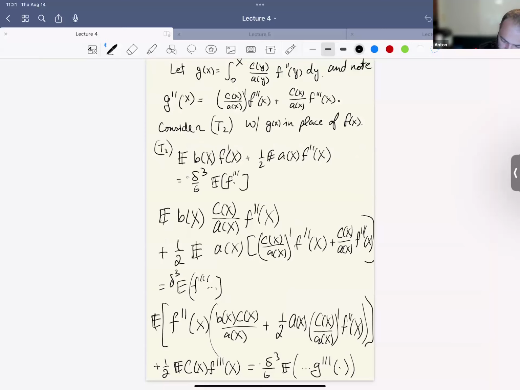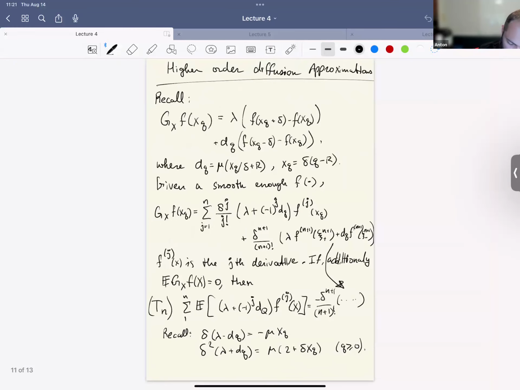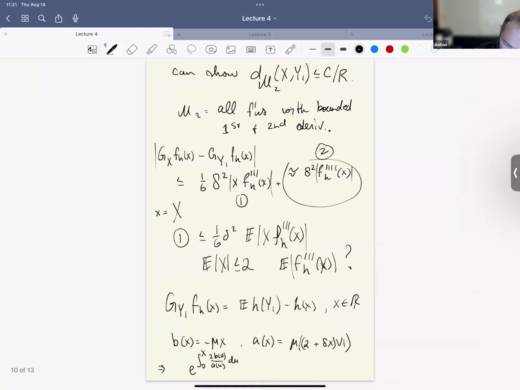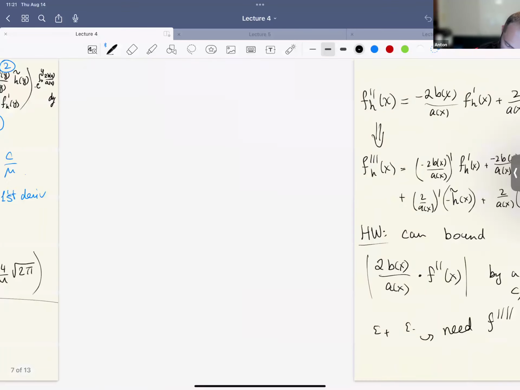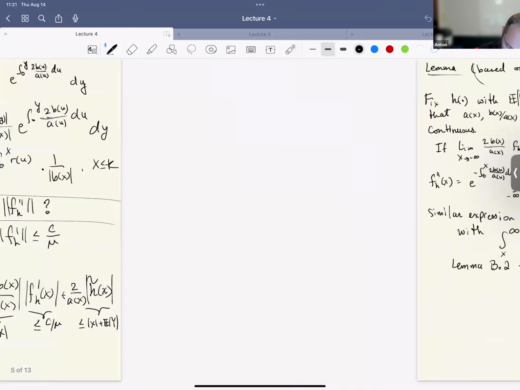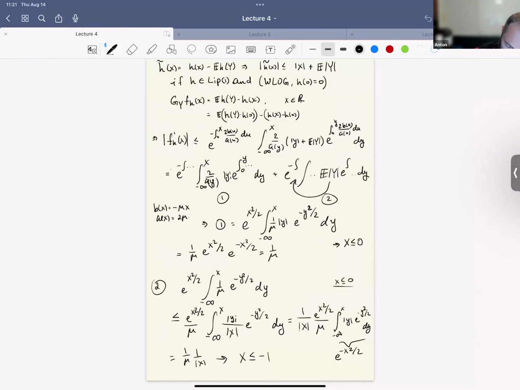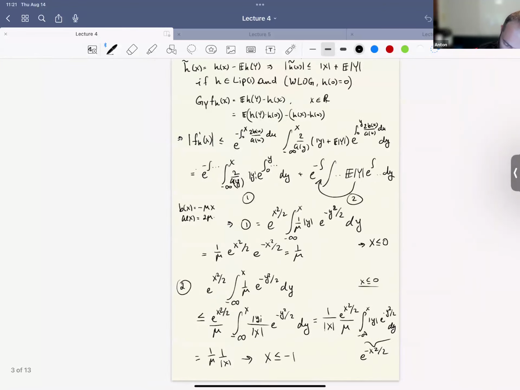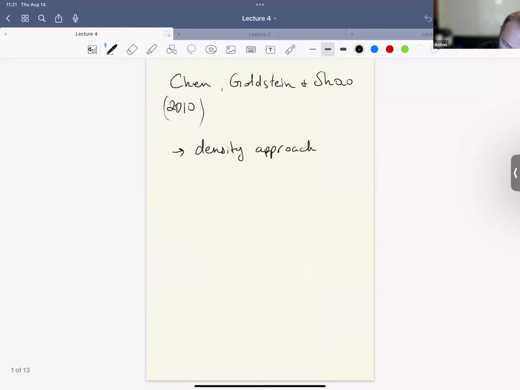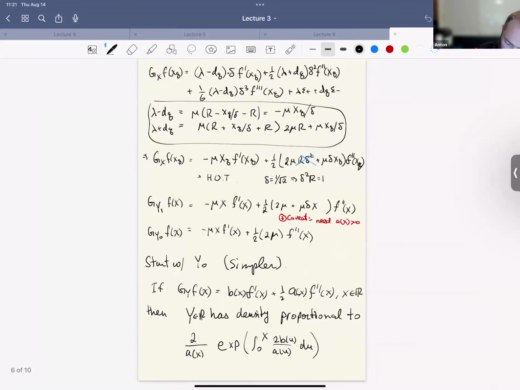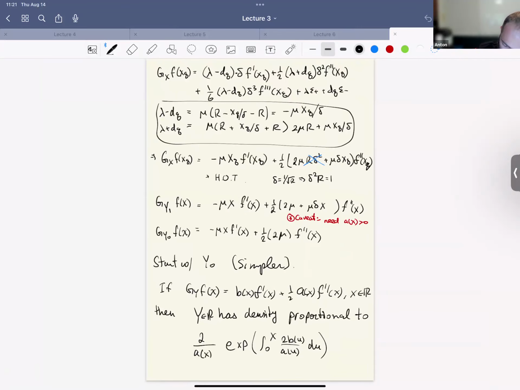Let me go back in time. It's easy for me to do. Maybe not so much for you, but here we have the derivative bound. So what I'm doing is I'm going to go back to when we were doing it the original way, the generator approach. And I want to just show you that we are looking at the same thing from a different angle. Here, this was the third order term we were tackling, okay?